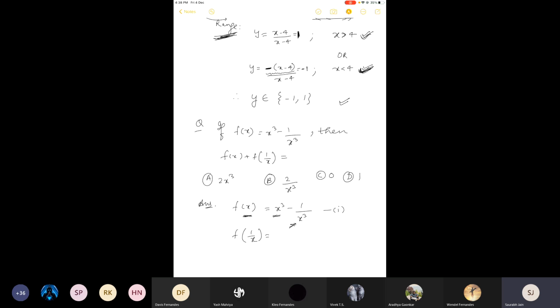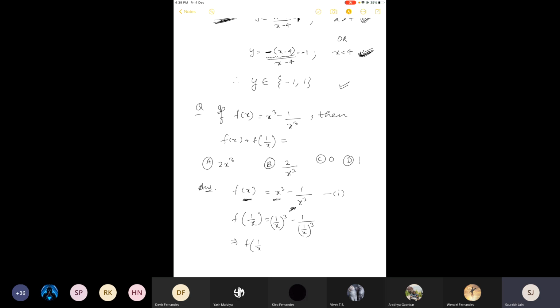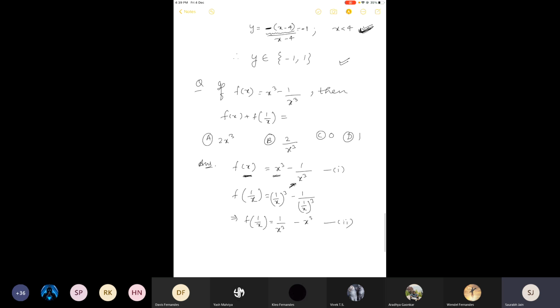Now we will simplify. f of 1 by x will come out to be 1 by x whole cube minus x cube, and the second part will become x cube upon 1. This is your second equation. In the question, we are asked to add these two. I don't think there is any problem.